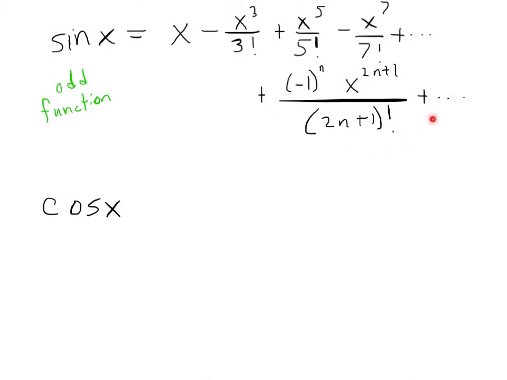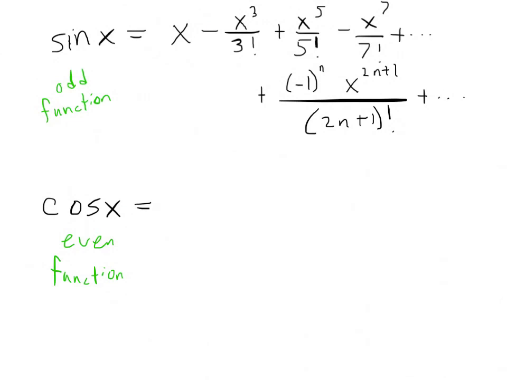The nth term is a little bit hard to memorize, but just knowing that this is all of the odd parts of the e to the x up above and that it alternates is the good way to remember that, I think. Cosine x, similarly, remember that cosine x is an even function. So, I mean, you could potentially guess what this one's going to be.